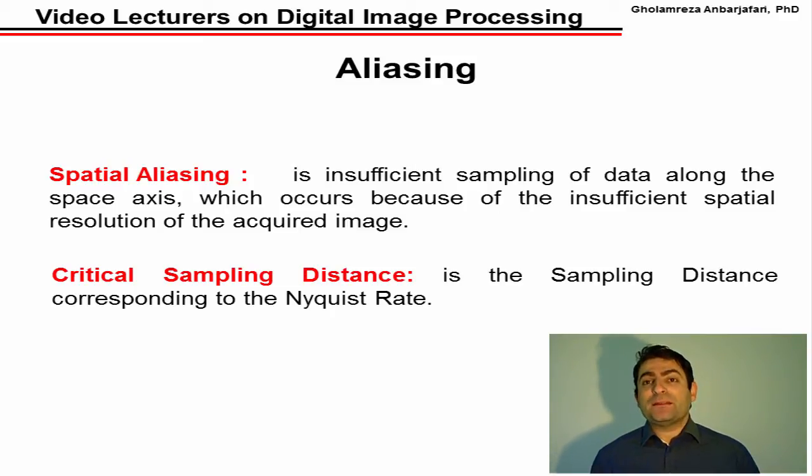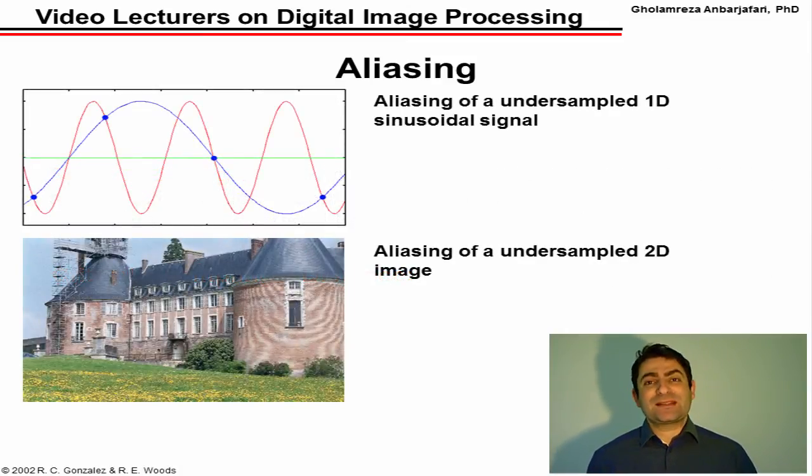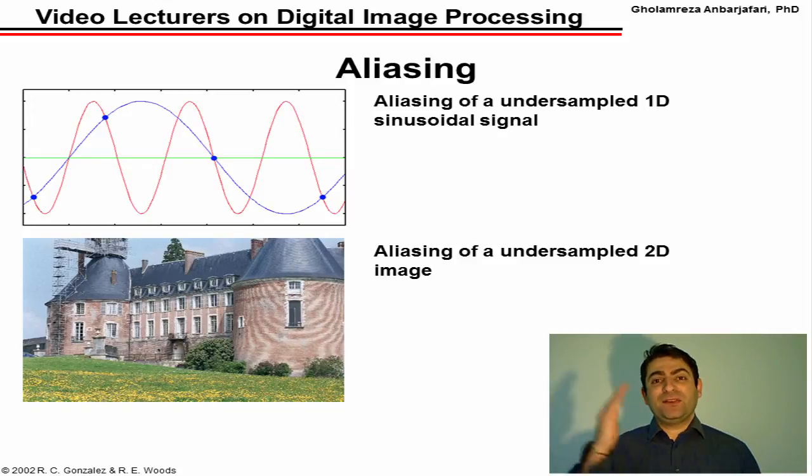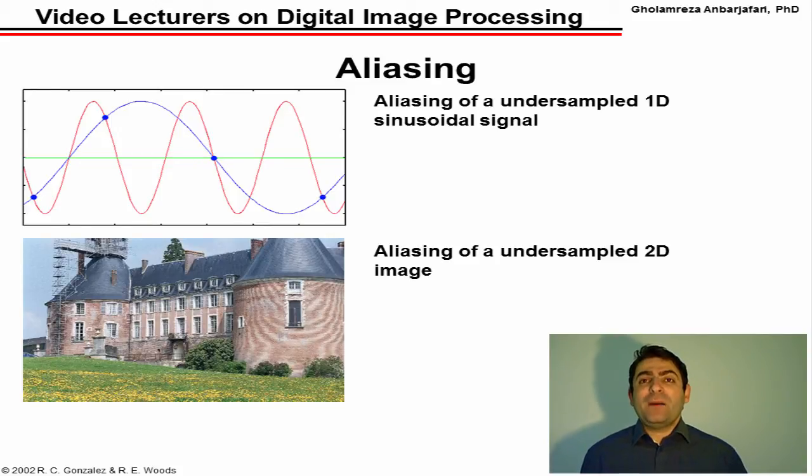When this happens, the original signal cannot be uniquely reconstructed from the sampled signal. We can assign more than one signal to it, as you can see in the slides, in one dimension and also in the two-dimensional image. You can see what an undersampled image looks like. Can you see the patterns which have been created in there?